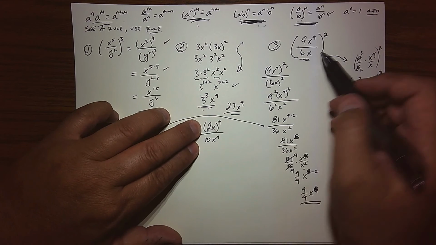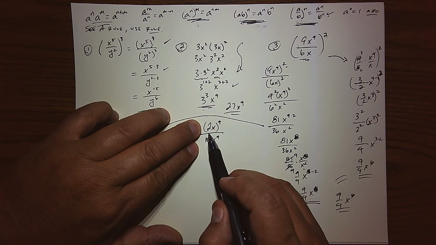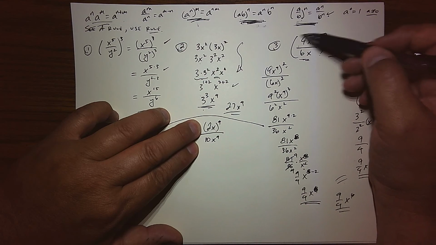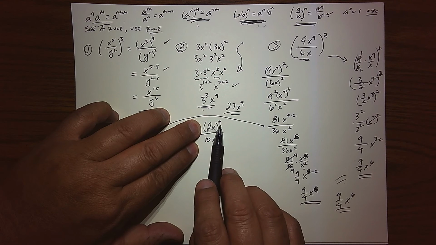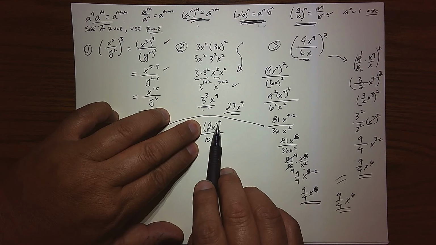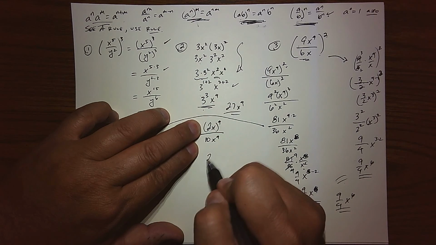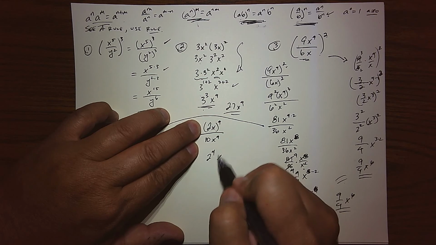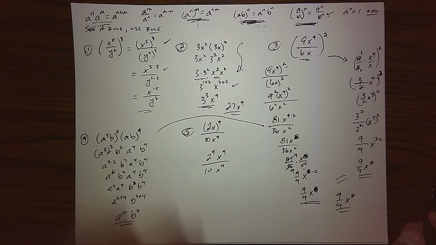Now this problem is a little bit different than this one because, yeah, 2 and 10 share a common factor, but here the 9 and the 6 were within the same set of parentheses. Here they're not. So again, order of operations: before I do any division, I have to do exponents first. So be careful. So what rule do I see? My power of a product. So we get 2 to the 4th, x to the 4th, and then we just have 10, x to the 4th on the bottom.